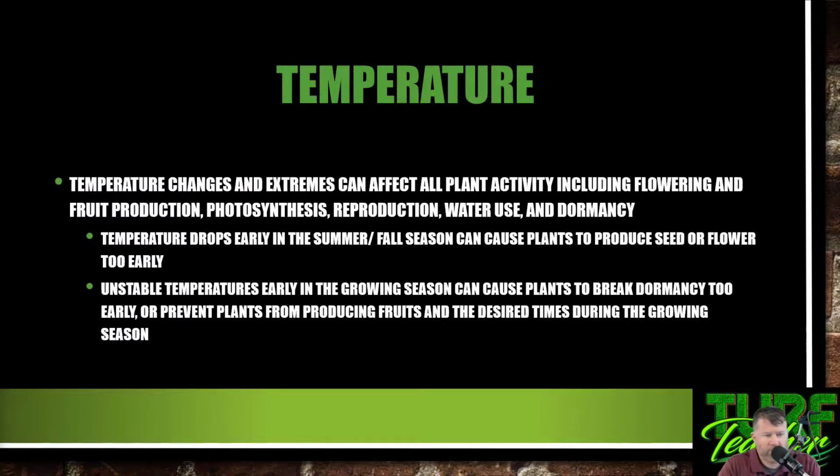With temperature changes and extremes can affect all plant activity, including flowering and fruit production and photosynthesis, as well as reproduction, water use, and dormancy. Temperature drops early in the summer and fall season can cause plants to produce seed or flower too early. We don't want that to happen.